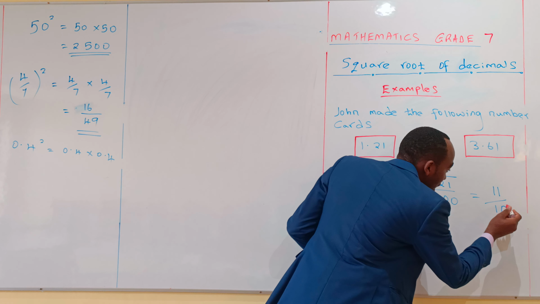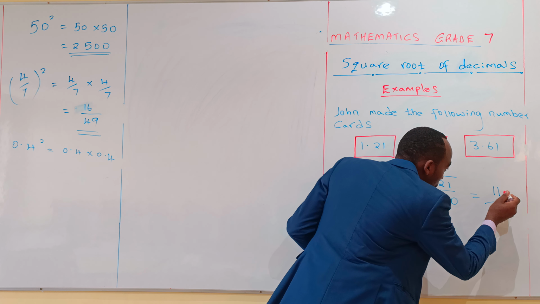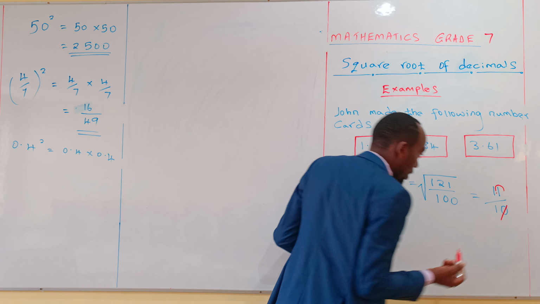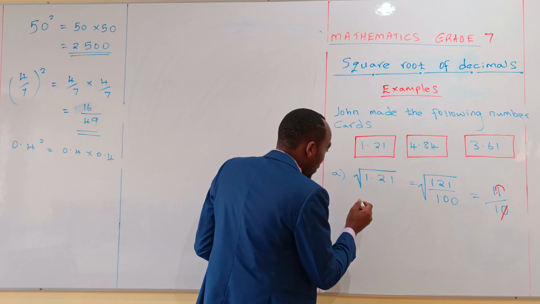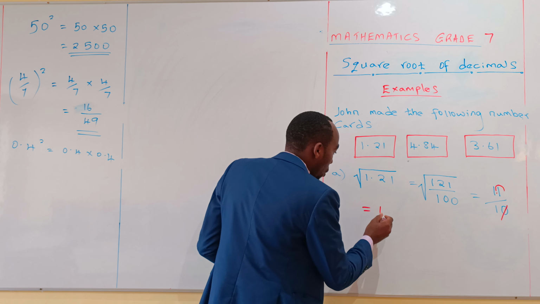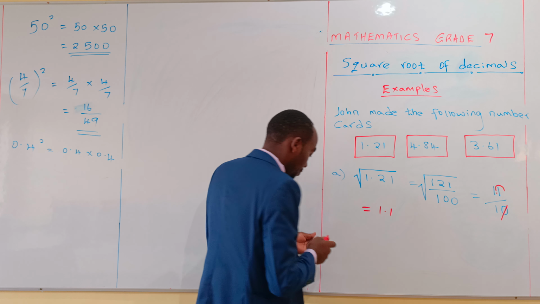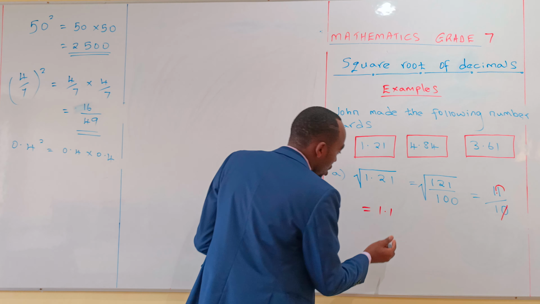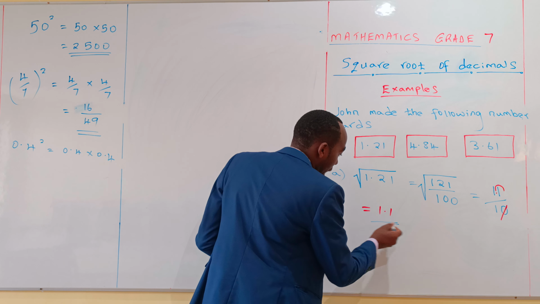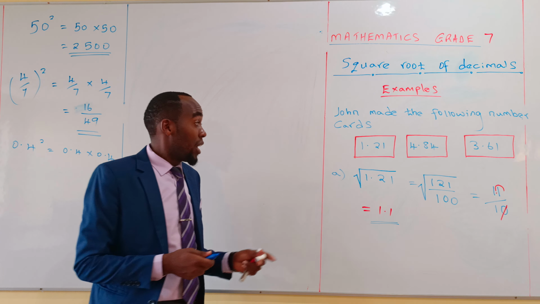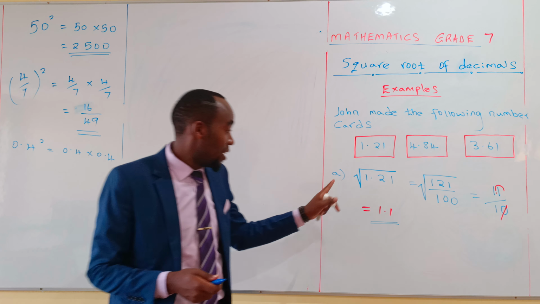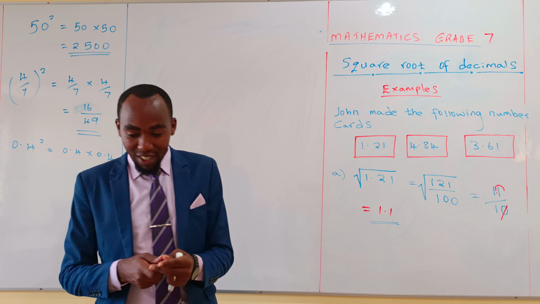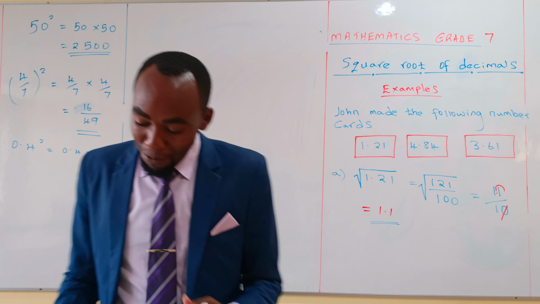If you cancel this 0, the decimal point moves back. Therefore, what will be the answer? The answer will be 1.1. And that is the square root of, sorry, for 1.21, its square root is 1.1. Are we together? Very nice.